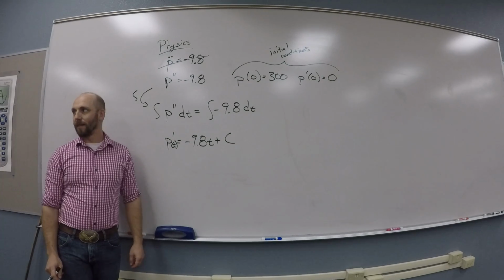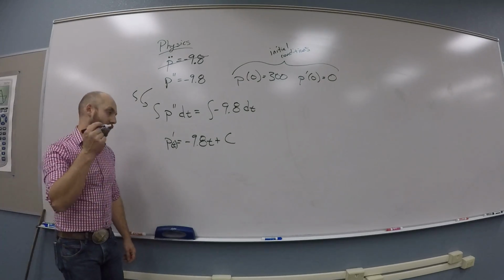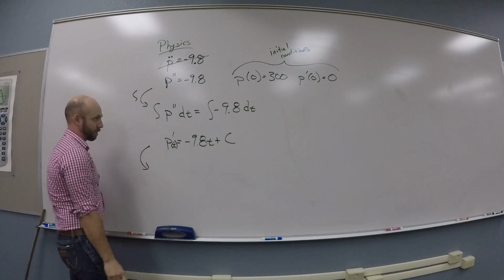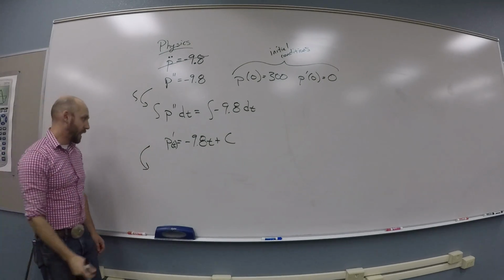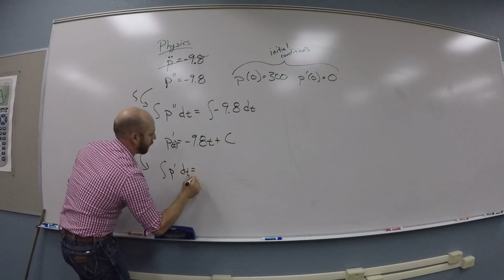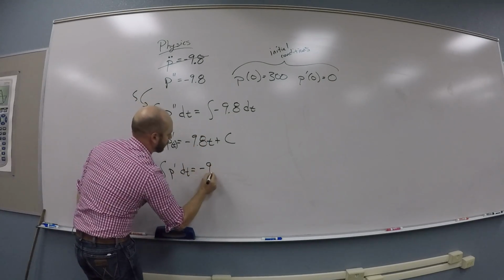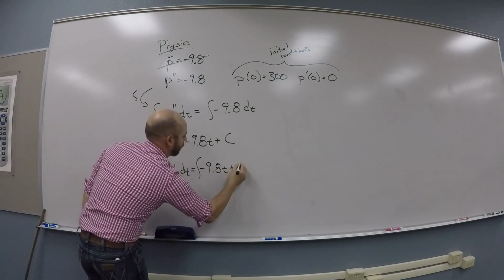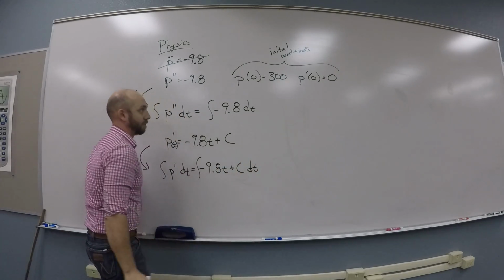So how do you get to the next step? Integrate again. So you integrate p prime dt, and you need to integrate all this. You get two different constants.